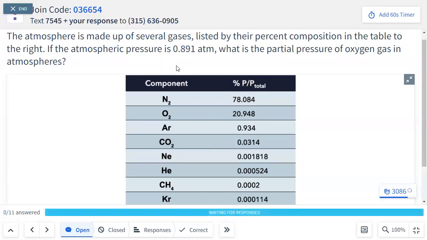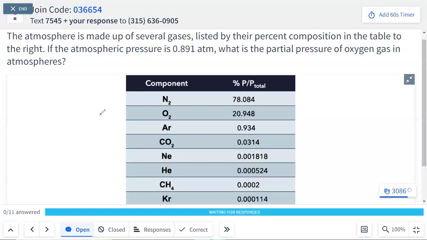Now, the question here is asking specifically about the oxygen. So, if I am interested in the partial pressure of oxygen, I need the mole fraction of oxygen and the total pressure.